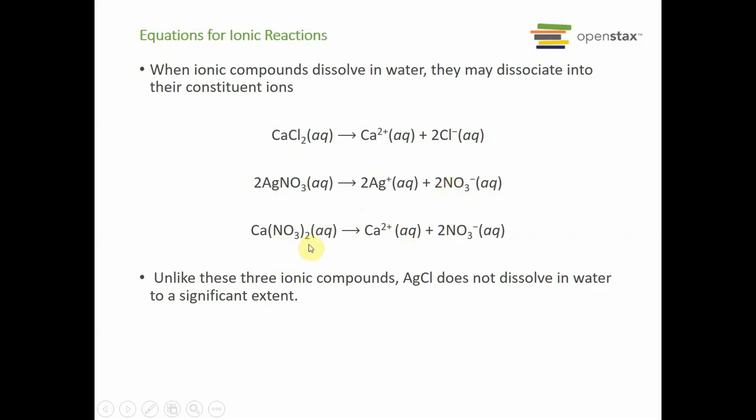And calcium nitrate means that the calcium ion is aqueous and the nitrate ion is aqueous. Unlike these 3 ionic compounds, silver chloride does not dissolve in water to a significant extent. So it's a solid and it does not dissociate into ions.